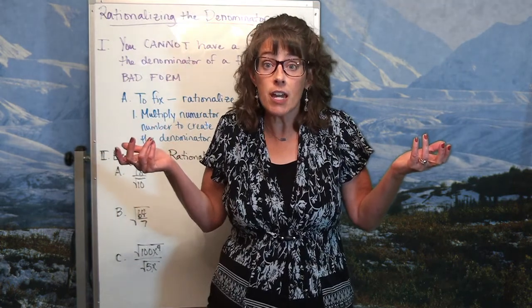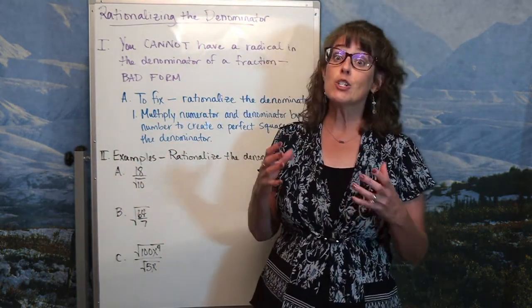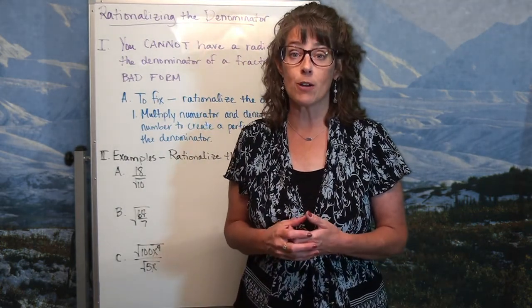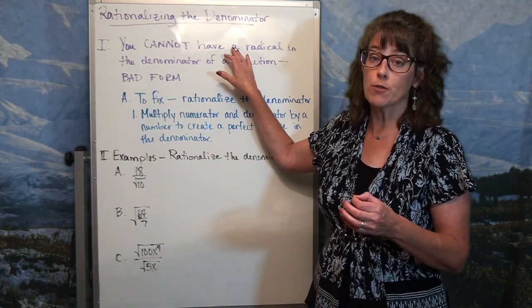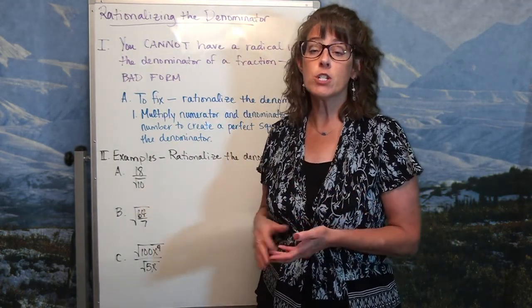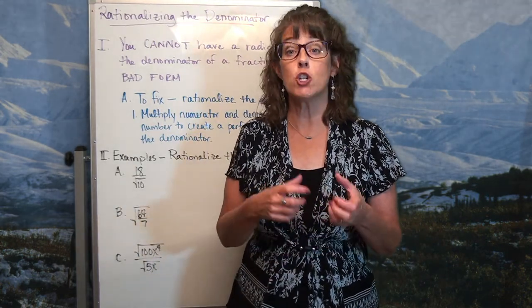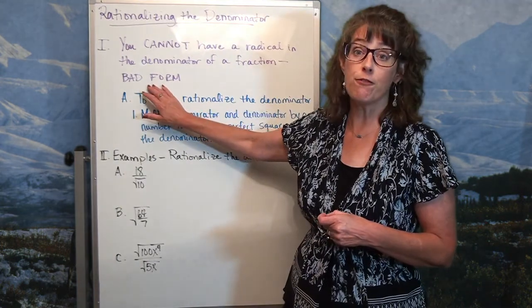We need our fractions to exist, so you truly cannot have a zero there. But a radical in the denominator doesn't make the fraction not exist. It still exists, it's just what we call bad form.